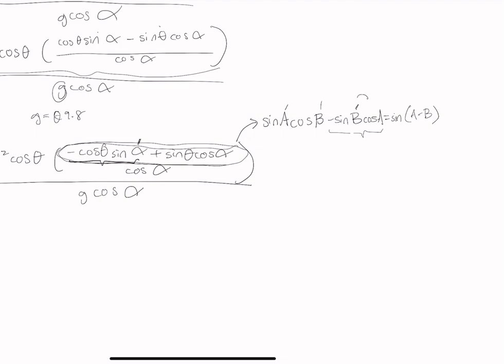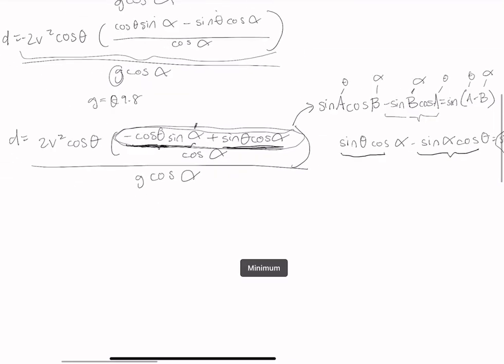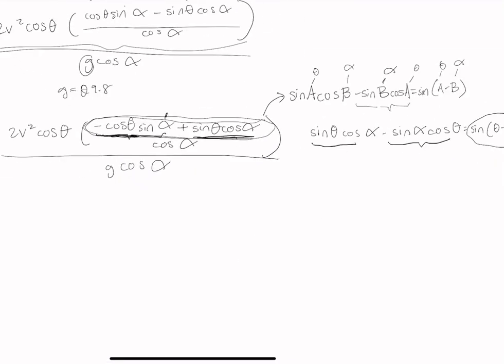So B is alpha, A is theta. So we can go ahead and plug that in. This part matches with this part, and this part matches with this part. So we can replace this whole numerator with what we just proved. Let's rewrite it.